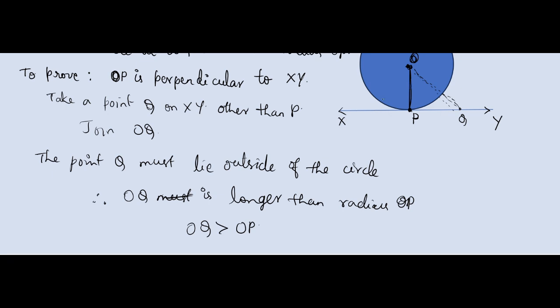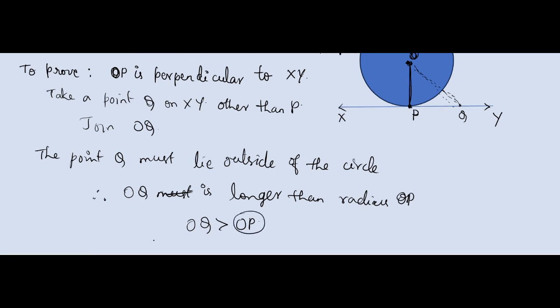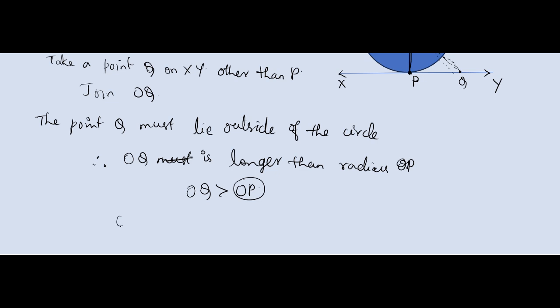So if all points lie outside of the circle, then whatever line we draw from this center O, all must be greater than this radius OP. So we can say OP is the shortest distance.